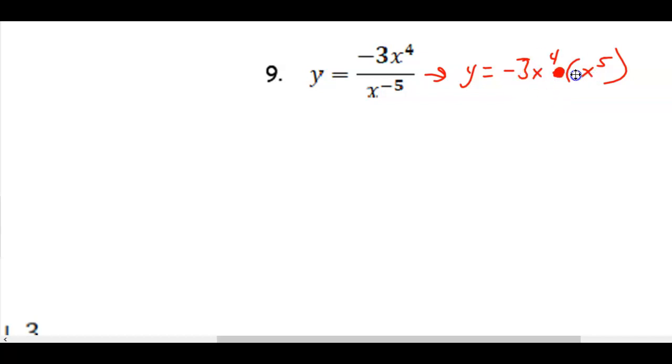So negative 3 times 1 is negative 3. And remember, you add the powers when you multiply. So x to the 9th. And now we take the derivative. So that's negative 27x to the 8th. There we go.